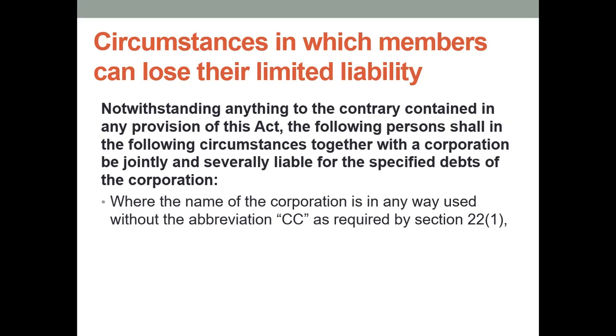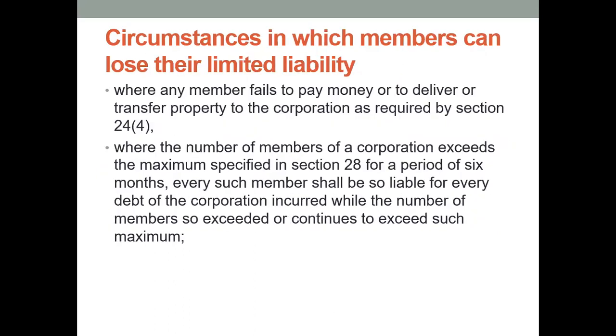So if it's a closed corporation, but yet you are using your name without the CC, then obviously in that case, you will have unlimited liabilities as required by section 22(1).